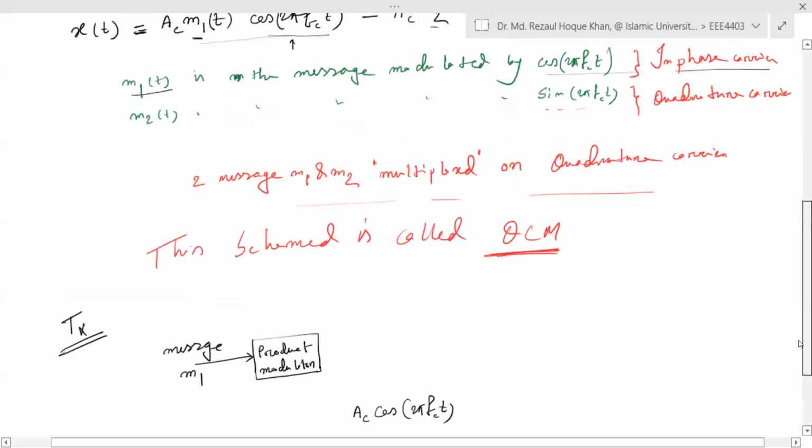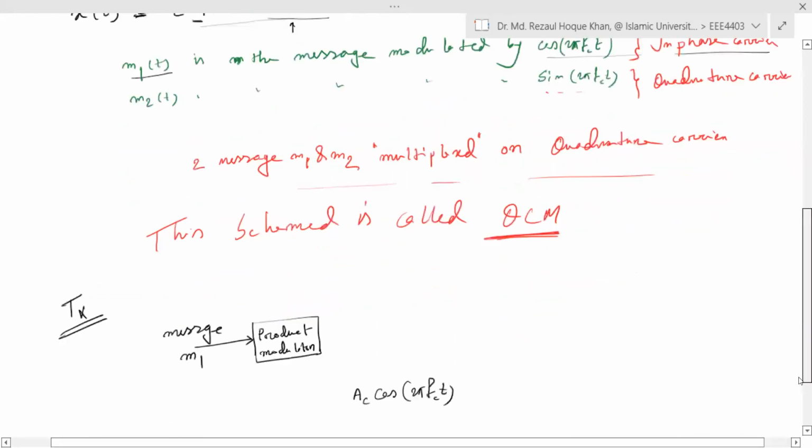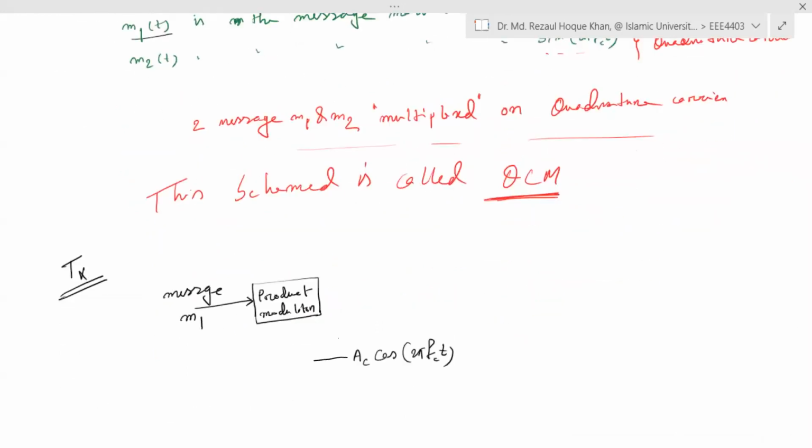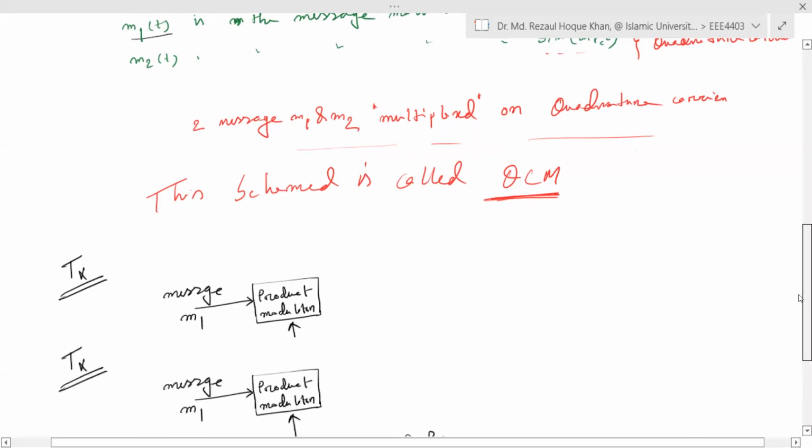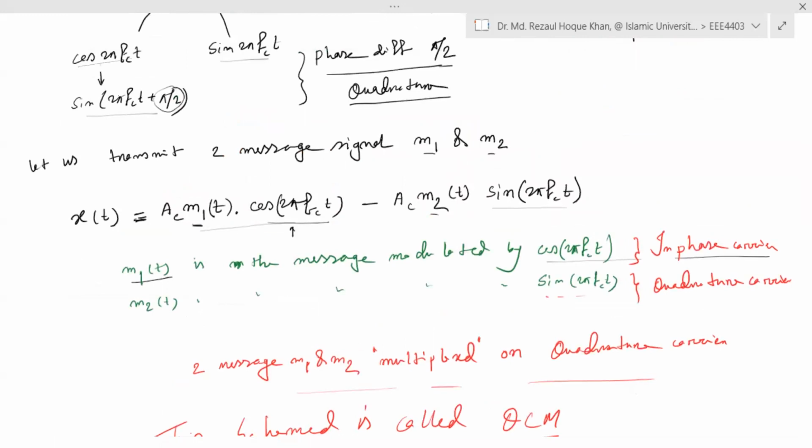Okay, you see they are in product, meaning they are in product term. So if you have a signal, then this signal goes to your product modulator. Now if you have cos 2 pi fc t and apply a pi by 2 phase shift, then it becomes sine 2 pi fc t.